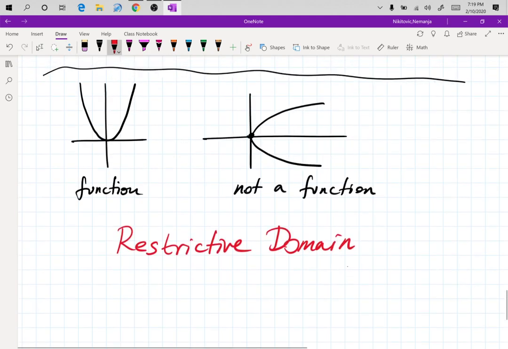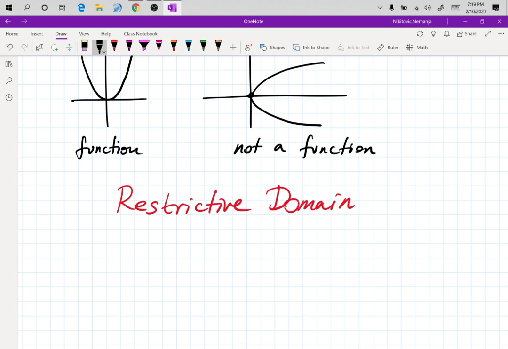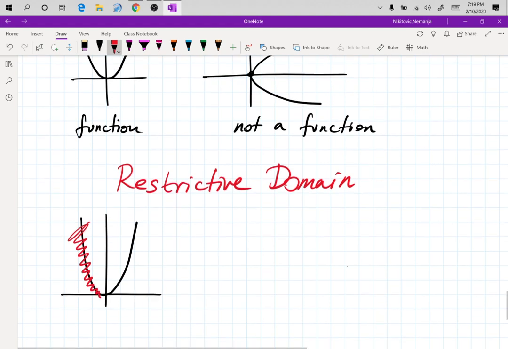So what I'm going to do is I'm going to take my good old x squared, and I'm going to throw this piece in the garbage and leave the domain 0 to infinity, including 0.